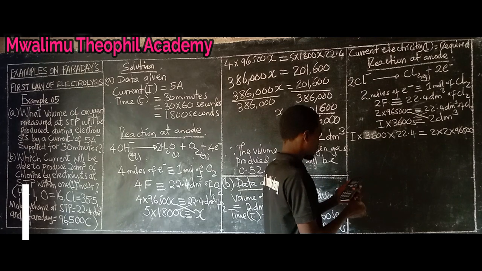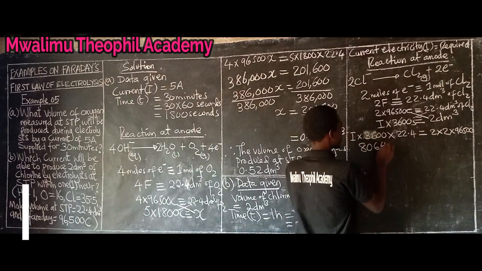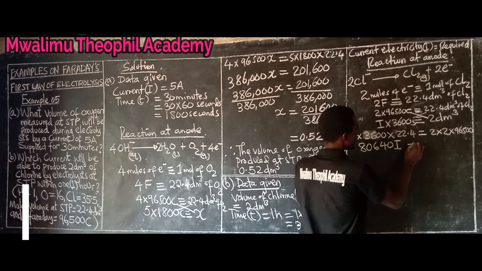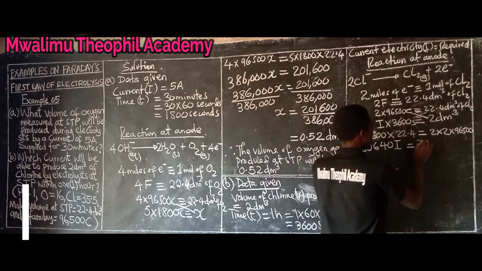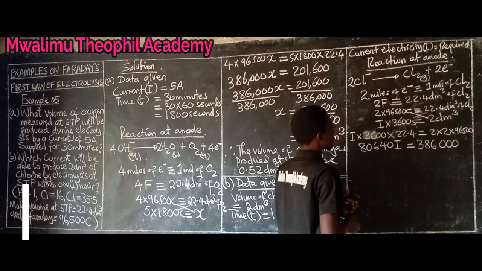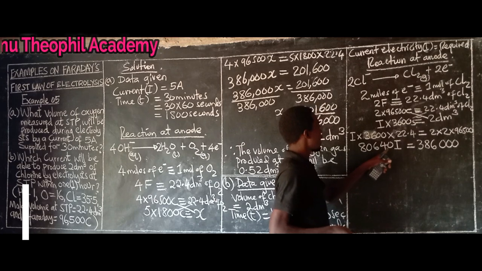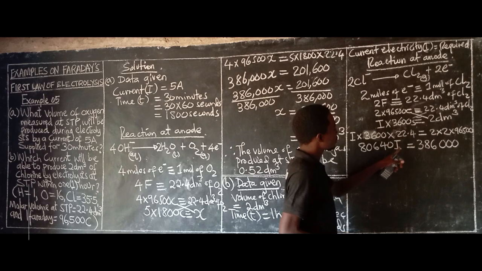Here we get 80,640 times I. On the right hand side we have 2 times 2 times 96,500, so here we get 386,000. What next is to divide both sides by 80,640 so as to get I.